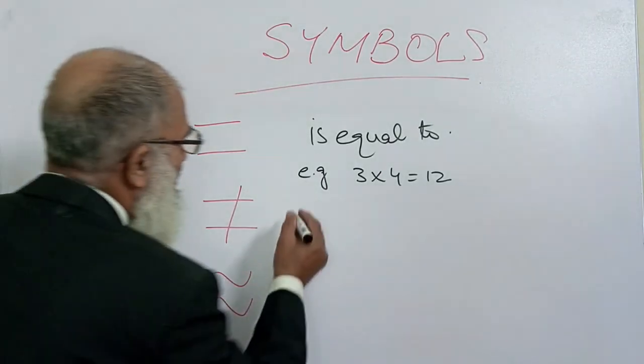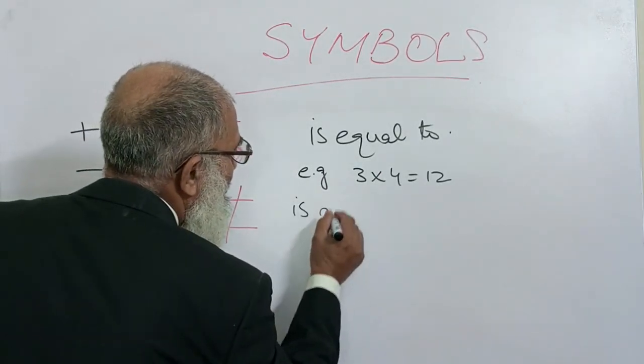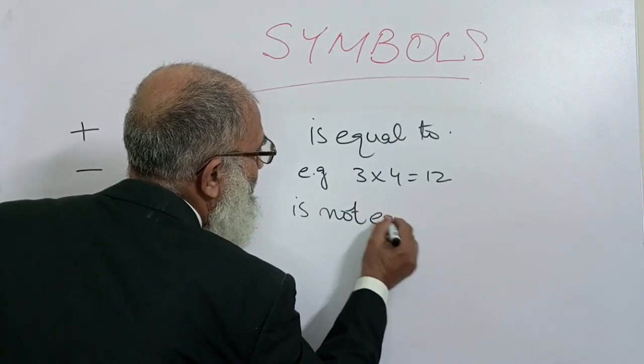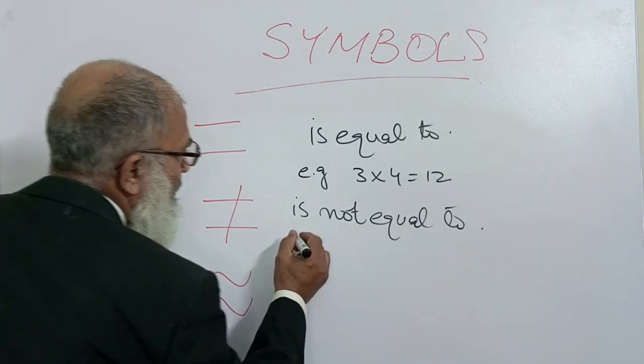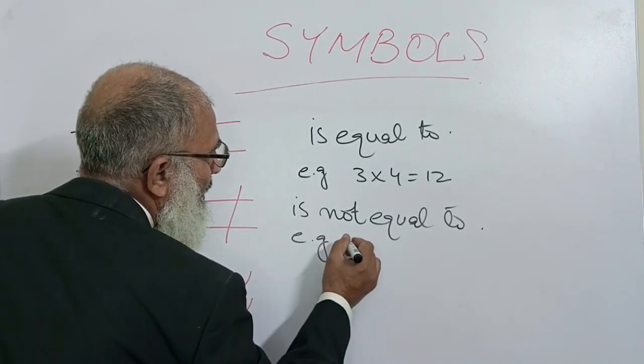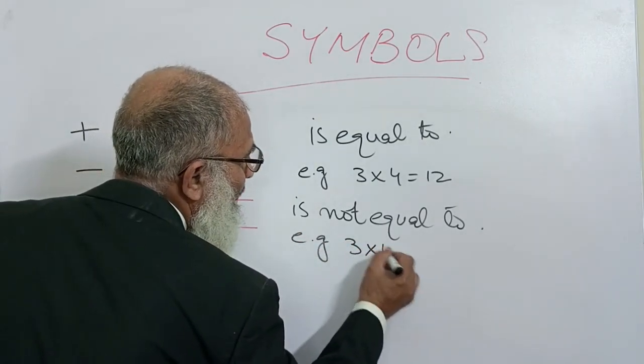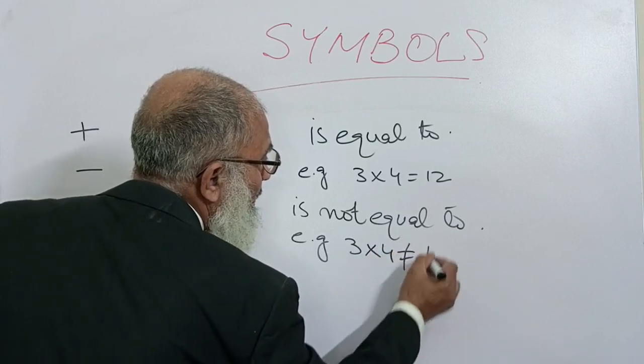Just for example, first I'll write is not equal to. For example, 3 multiplied by 4 is not equal to 10.